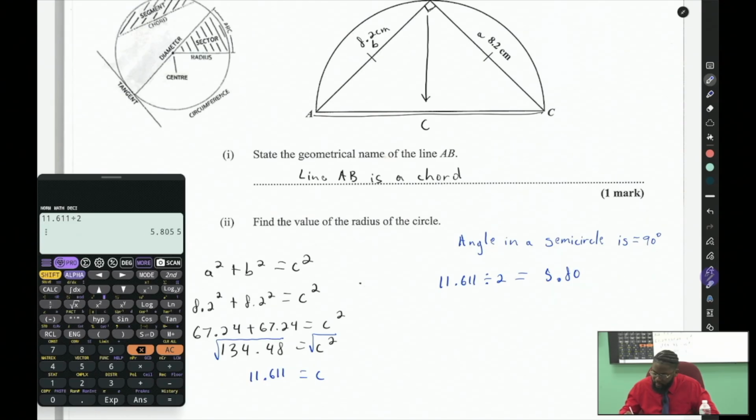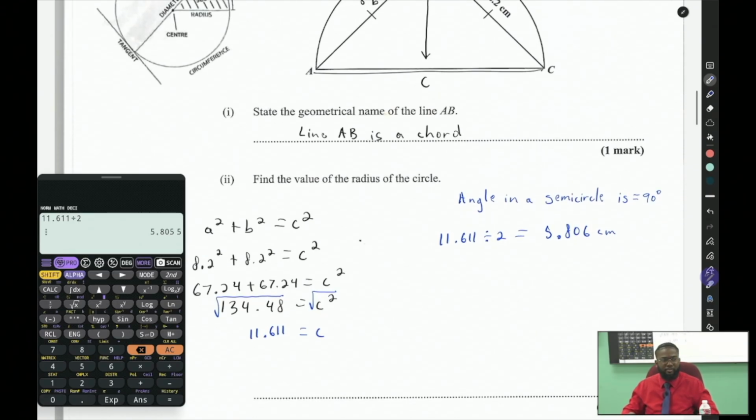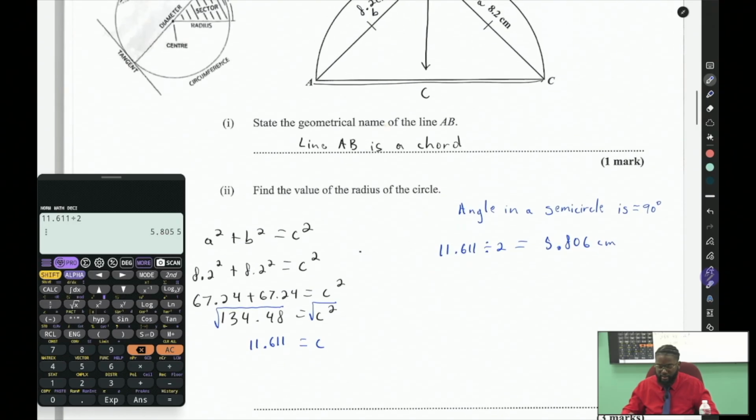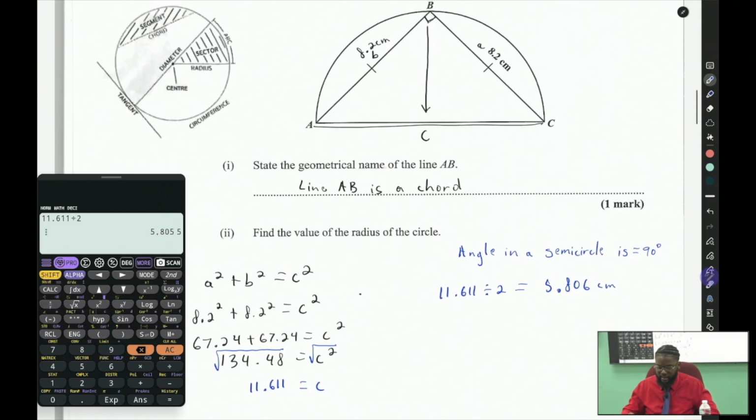And we're going to simplify it to 3 decimal places, which will give us 5.806 centimeters. All right. Any questions at this time? All right. So everybody's following and everybody is understanding.